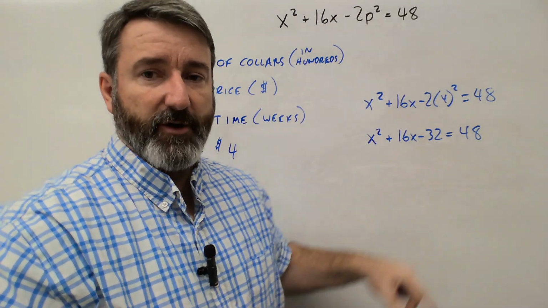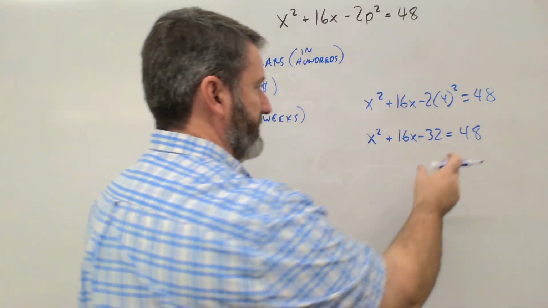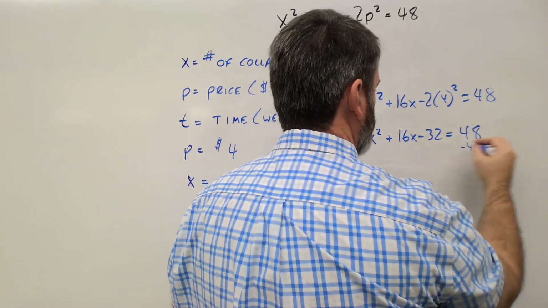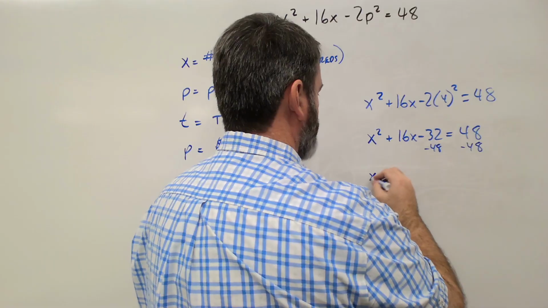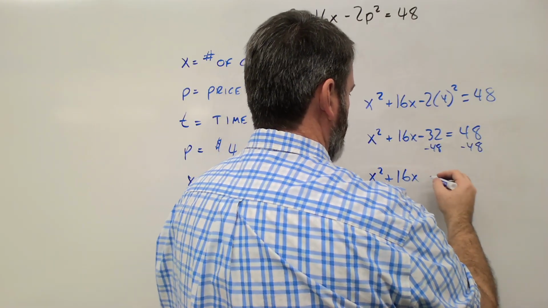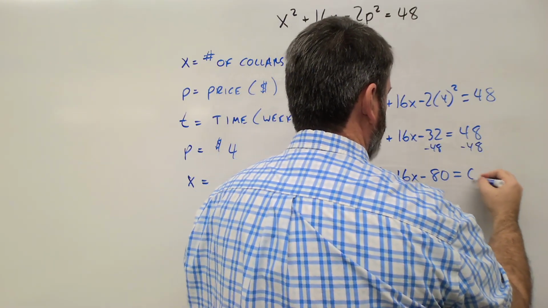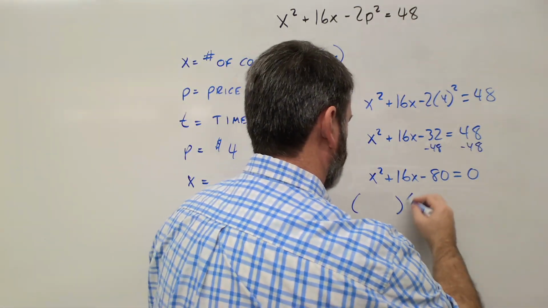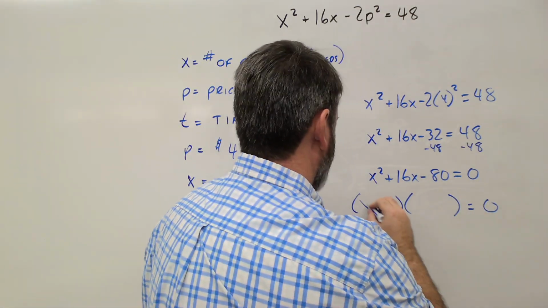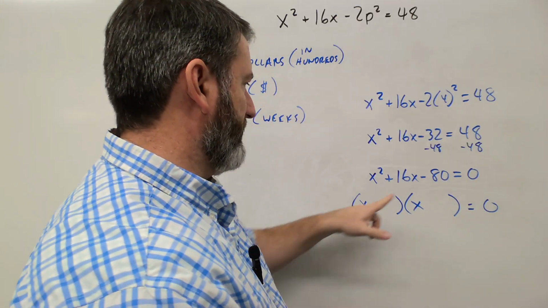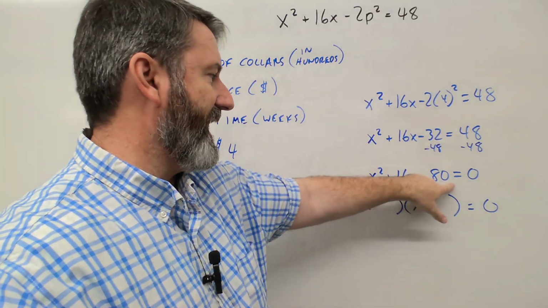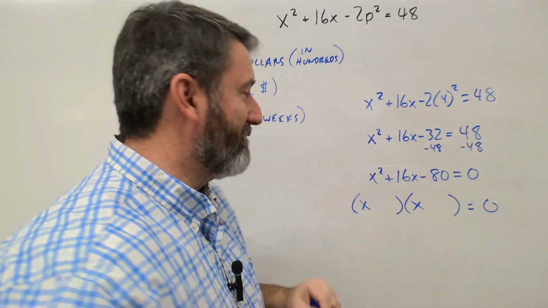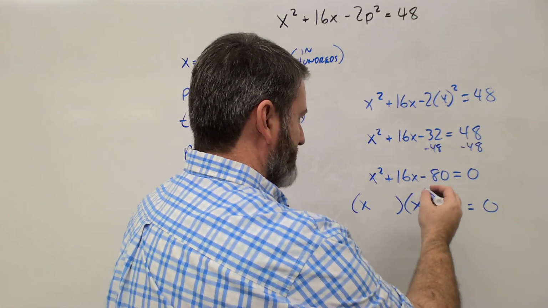And now to solve a quadratic like this, we're going to want to set everything equal to 0. So let's subtract 48 from both sides. And we get X squared plus 16X minus 80 is equal to 0. And now I think we can factor this. So we need two numbers that add to 16 and multiply to negative 80.